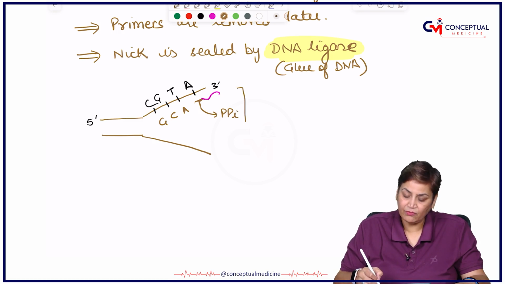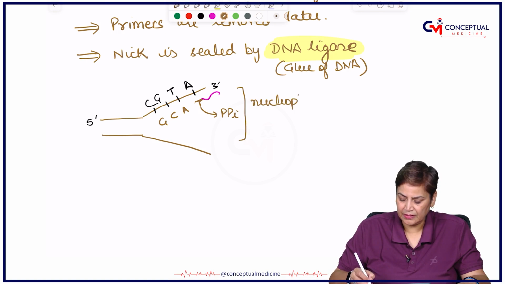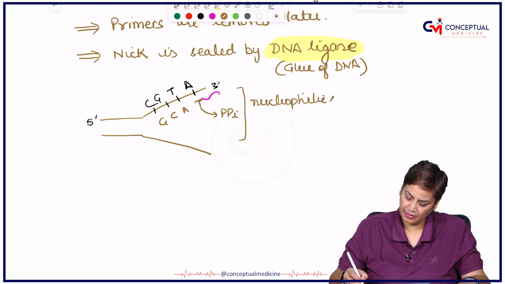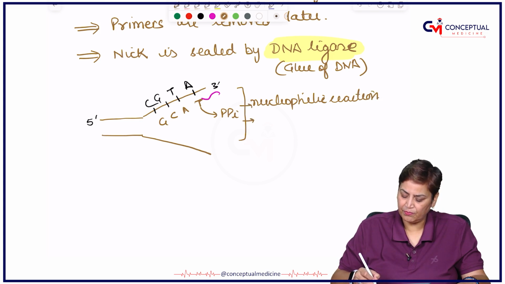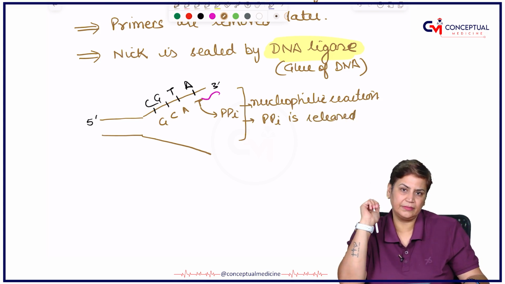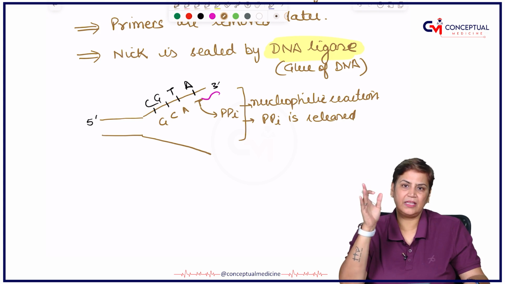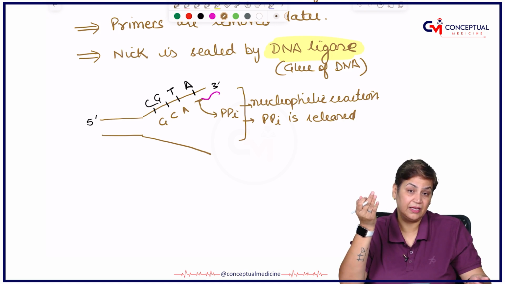So basically, what type of reaction is this? This is a nucleophilic reaction, right, where pyrophosphate is released, giving energy for this reaction to occur. So always keep in mind that this is how replication takes place.